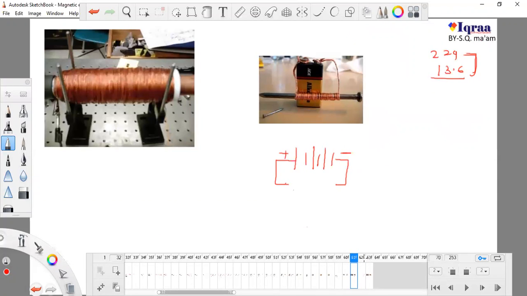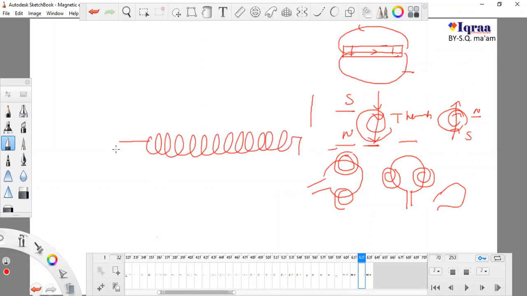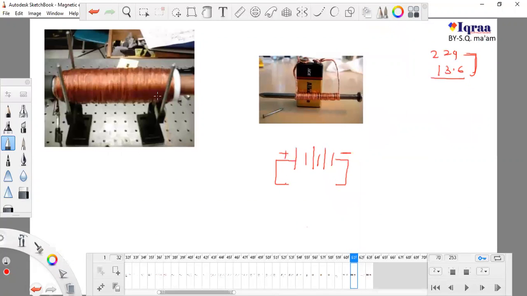In this solenoid, you will have to study something. The first case was a bar magnet. The second case was a simple wire, which we called a straight conductor.